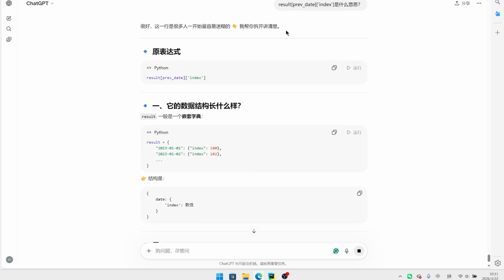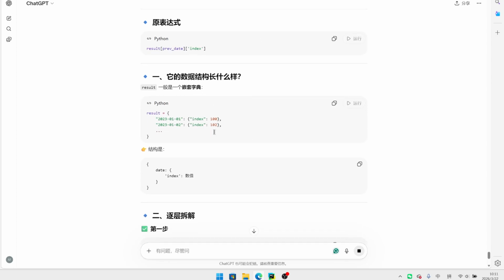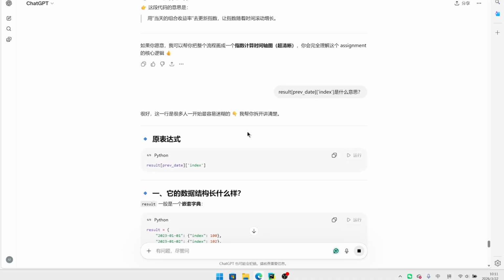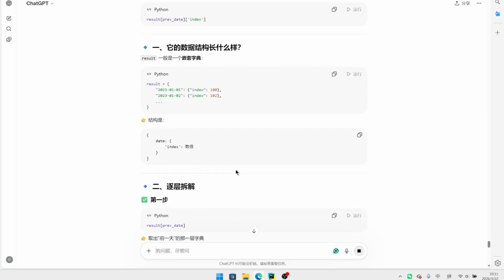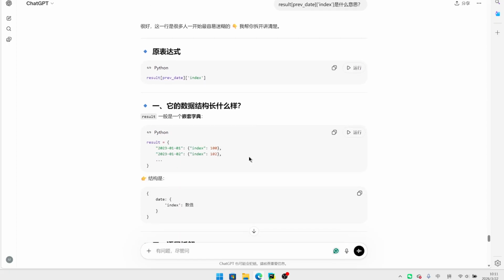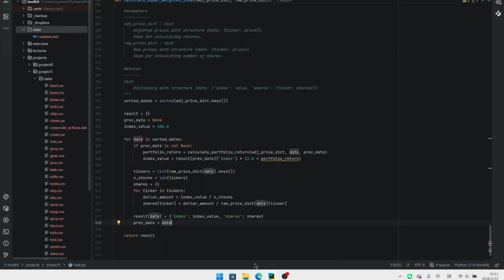Result is the index. Yes, so the result for this index result is, but result is the result is a date index value.